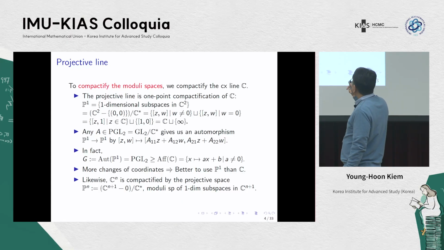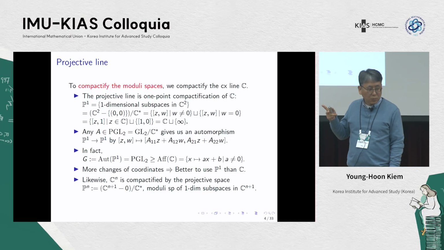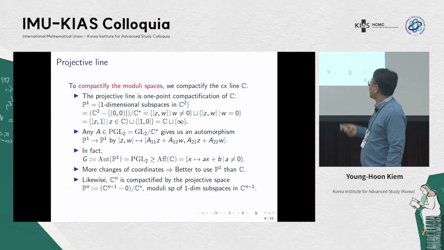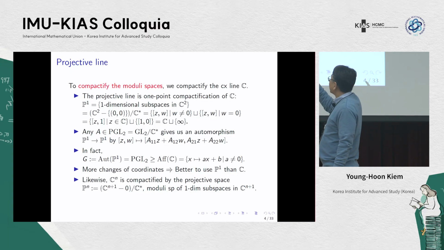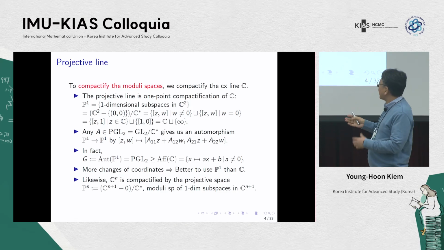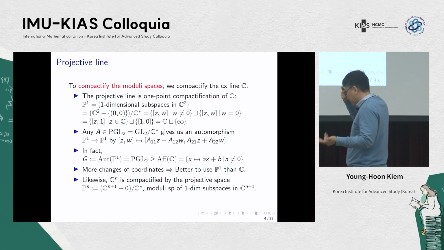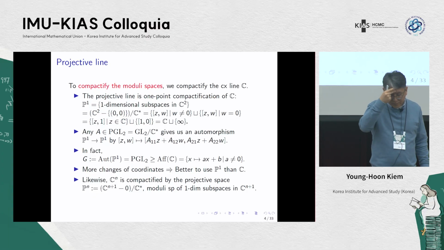In the second set, W is equal to 0, so I can multiply by Z inverse, and the point becomes [1, 0]. We call it the point at infinity. So P^1 is the one-point compactification of C. It is compact because it's the quotient of the three-dimensional real sphere by the action of the group of complex numbers of length 1.